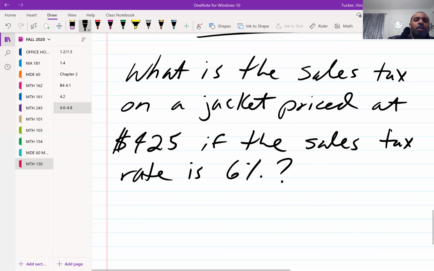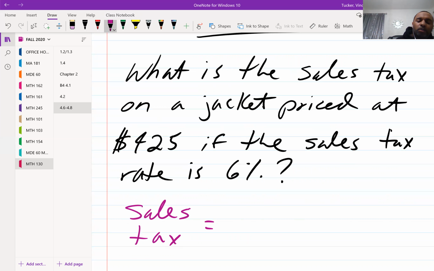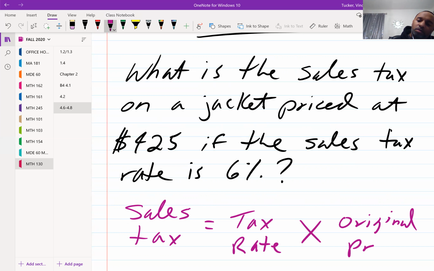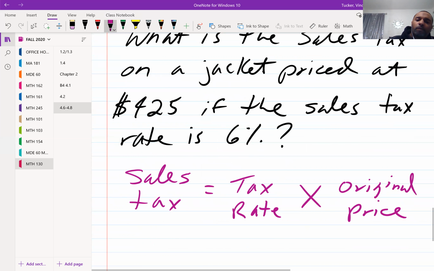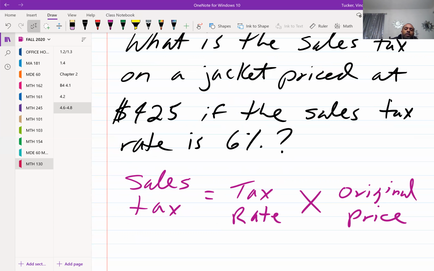All right. So let's look at the way we'll set it up. Sales tax is going to be equal to the tax rate times the original price.